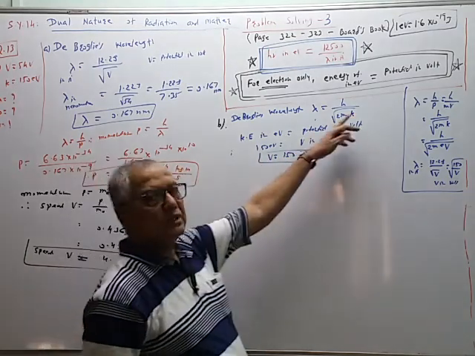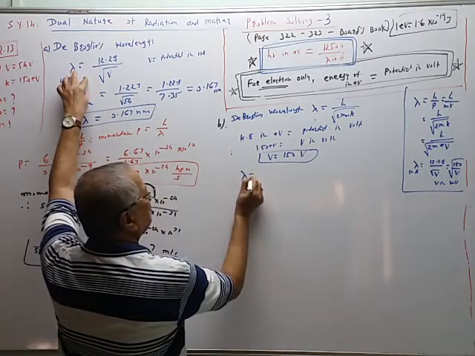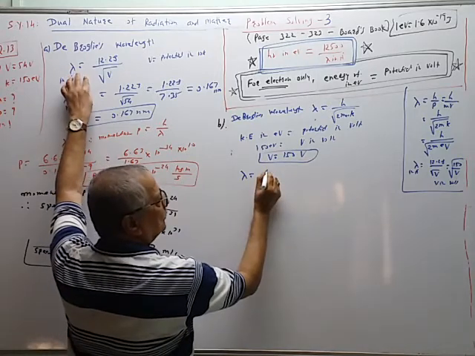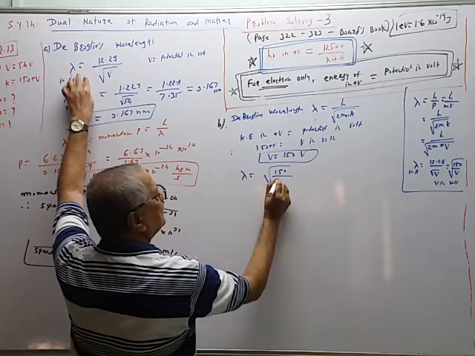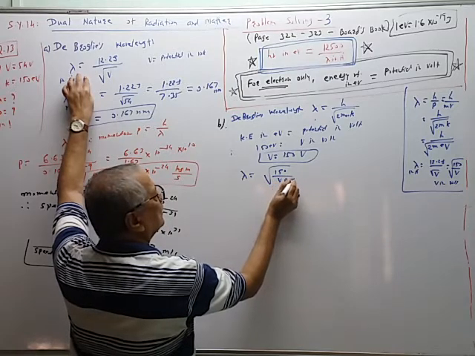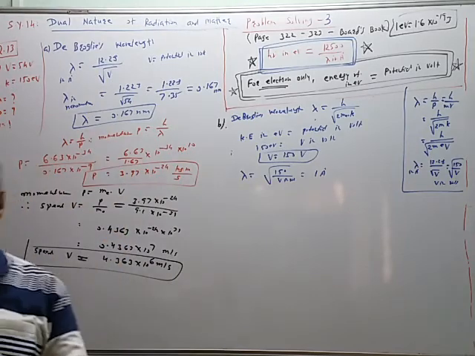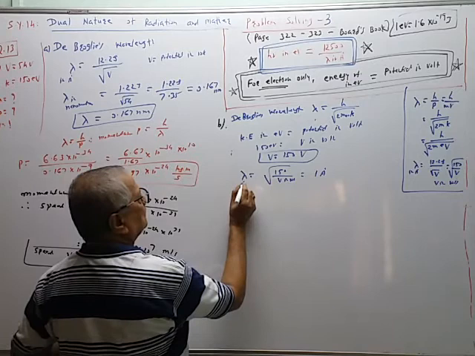So either you can use this method or you can use the other method. So we will use this formula, root of 150 upon V in volt. So lambda is equal to 1 angstrom. Lambda in angstrom.